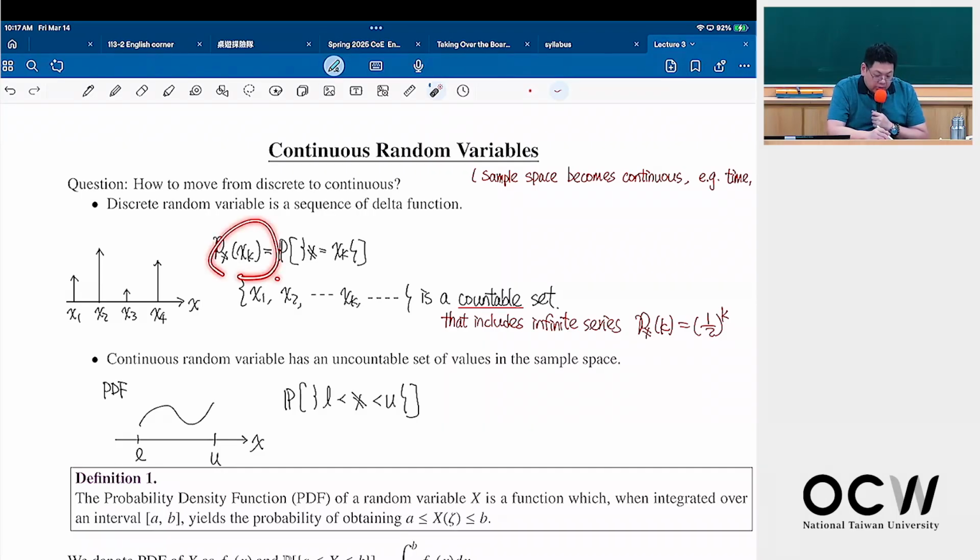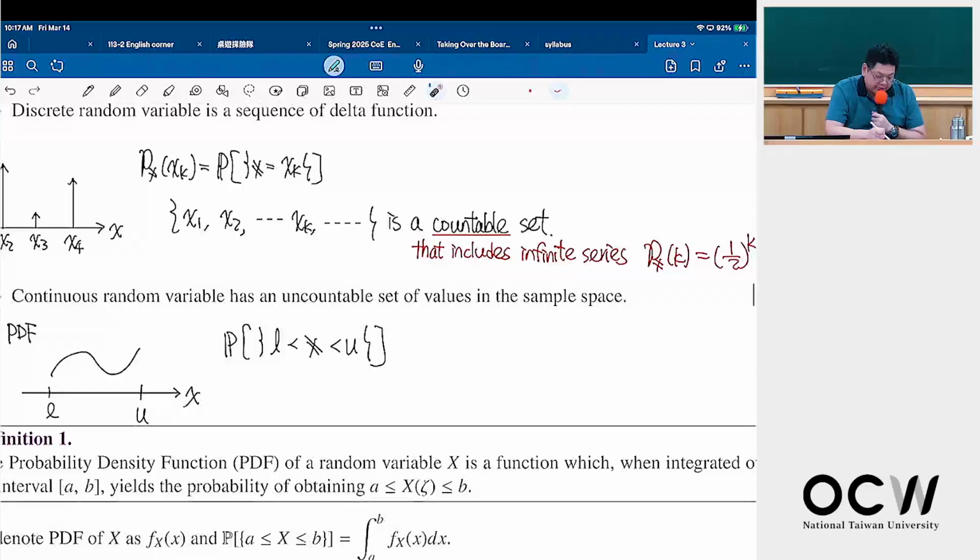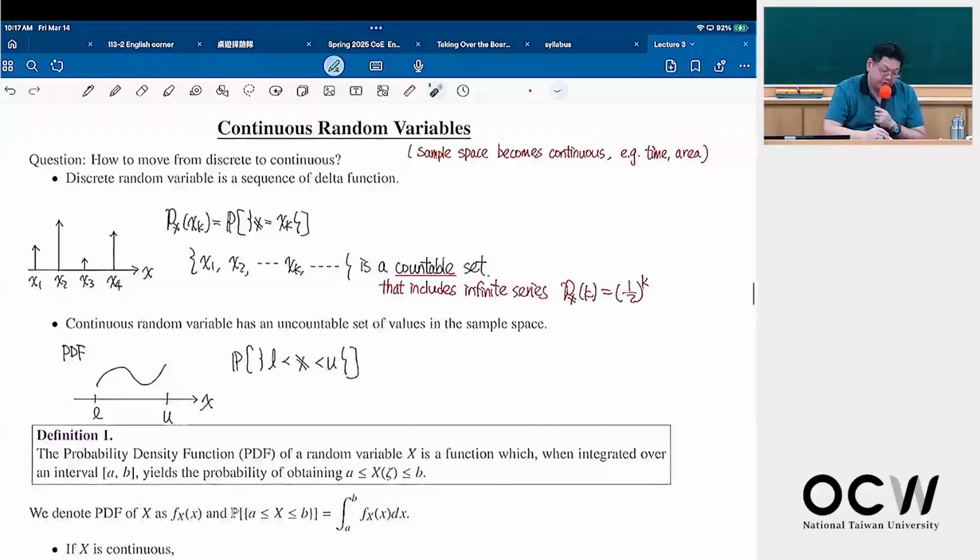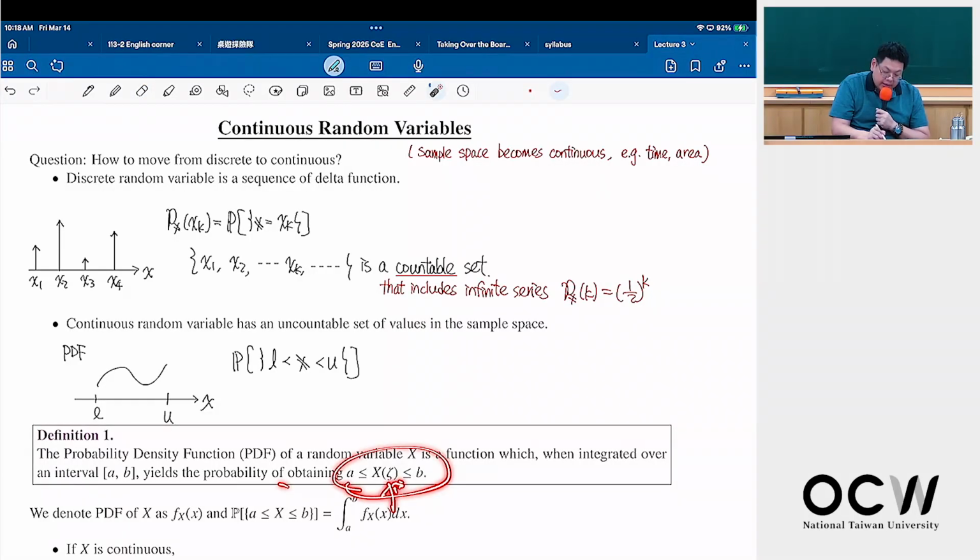For a continuous random variable, we say probability density function rather than probability mass function. The probability mass function is just a probability. But let's see what the probability density function is. The PDF of a random variable x is a function. We say density function, so it is a function. That function yields the probability of obtaining this random variable between a and b, so I integrate it over the interval a to b.